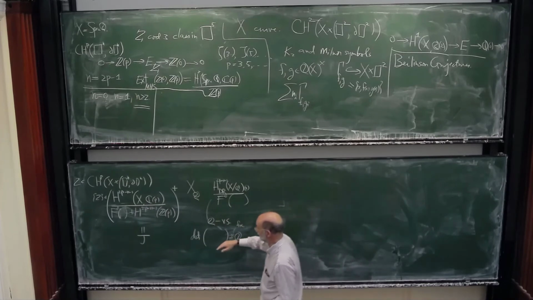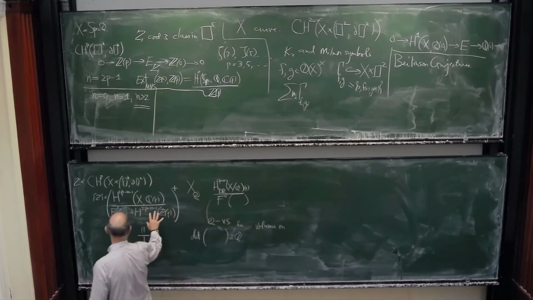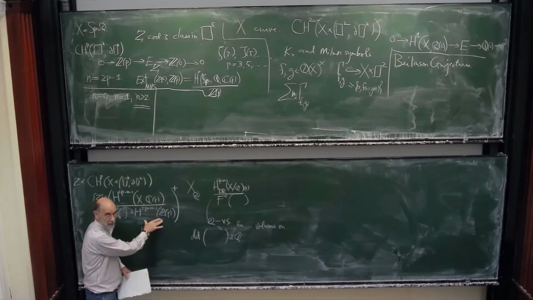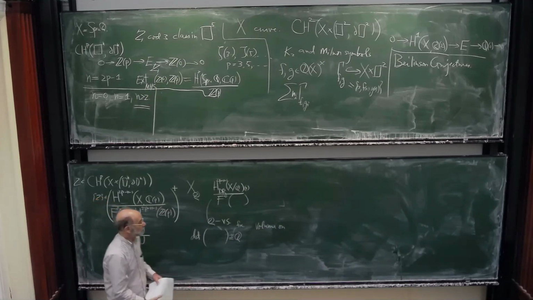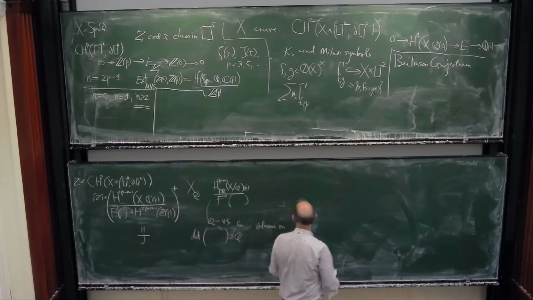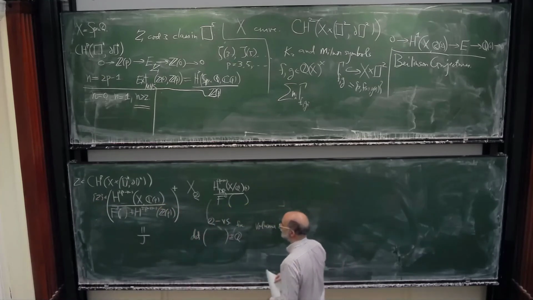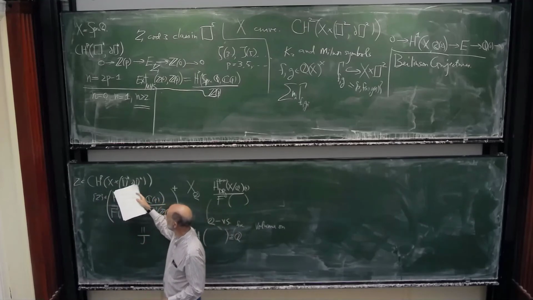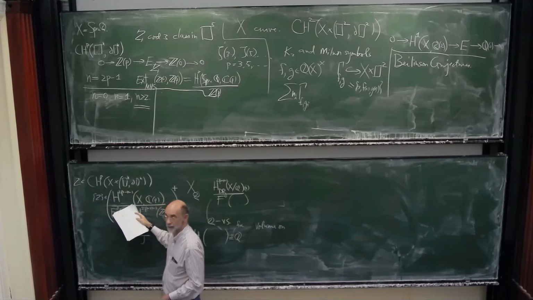So this quotient here, it turns out, is discrete, but it's not a maximal lattice. However, Beilinson conjectures, what did we do? We showed that to an element in our Chow group, we can associate an element.